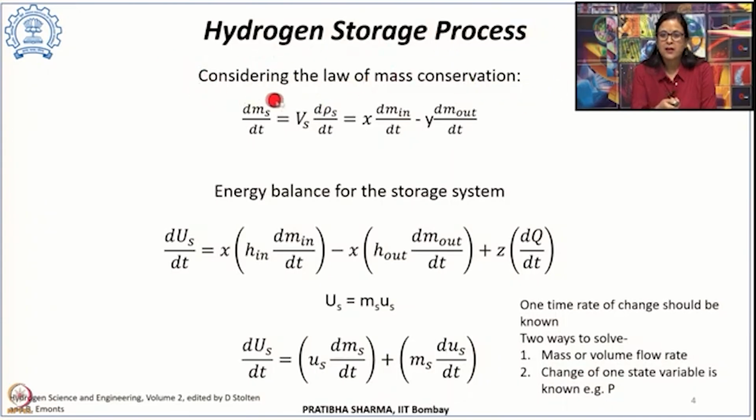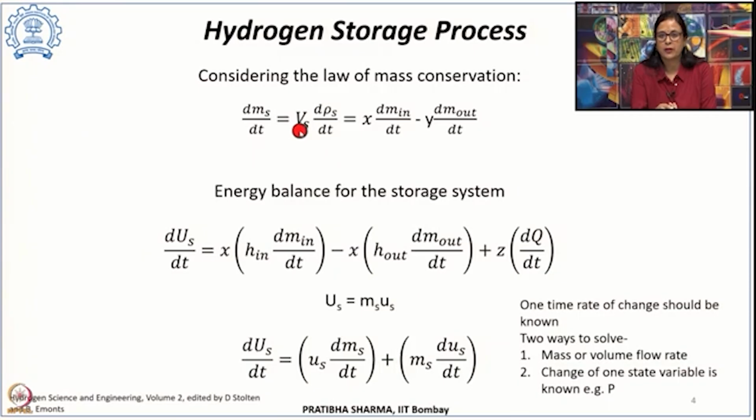To model a process of hydrogen storage, we can write the law of conservation of mass as dms upon dt, where ms is the mass of hydrogen being stored in the storage system. This provides us the mass rate of change inside the storage system, and that is equal to Vs d rho s by dt.